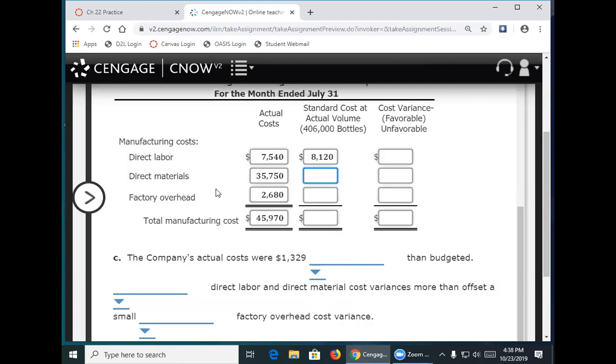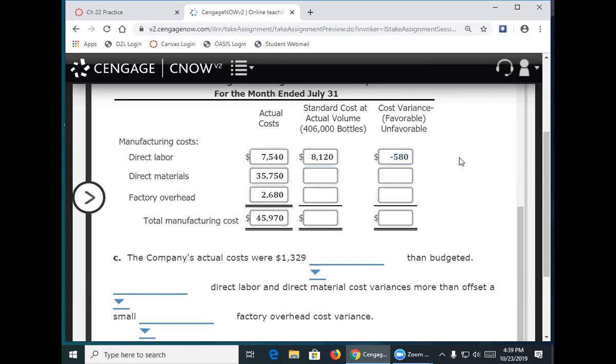Since our actual costs were less than the standard, then we actually have a favorable direct labor variance. So I'm just going to take my actual minus my standard. And again, we're going to put the favorable in as a minus or a negative. So minus 580. Okay. So our direct labor variance was favorable since the actual was less than the standard.